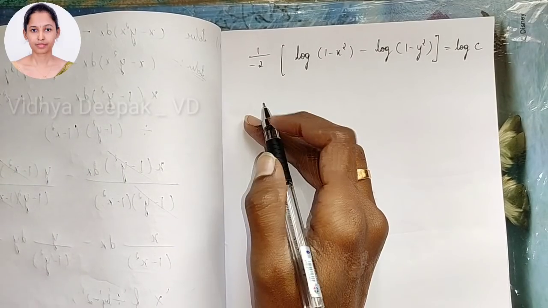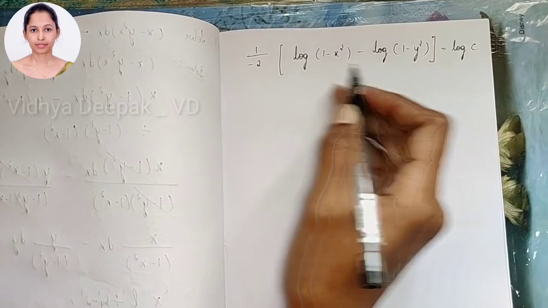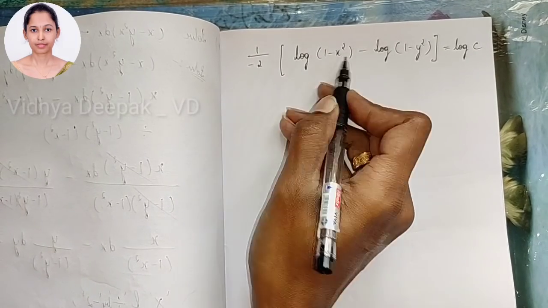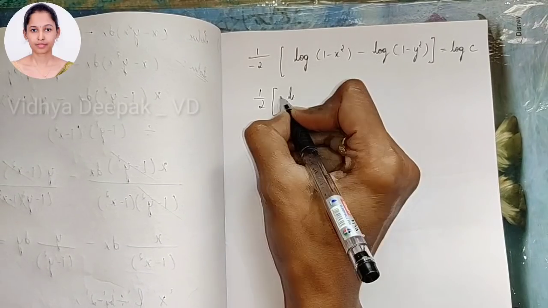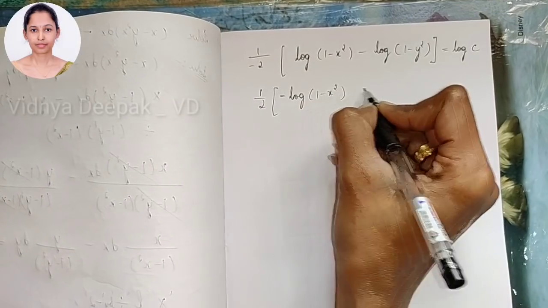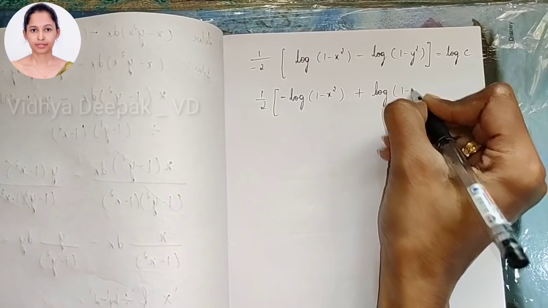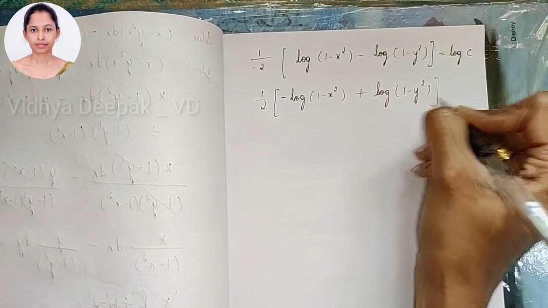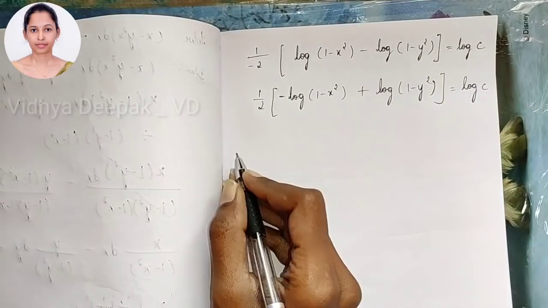I'm multiplying this minus inside. So what do I have? 1/2 into [log of (1 − y²) minus log of (1 − x²)] is equal to log c. I can either send this minus to the other side also, that is also fine.